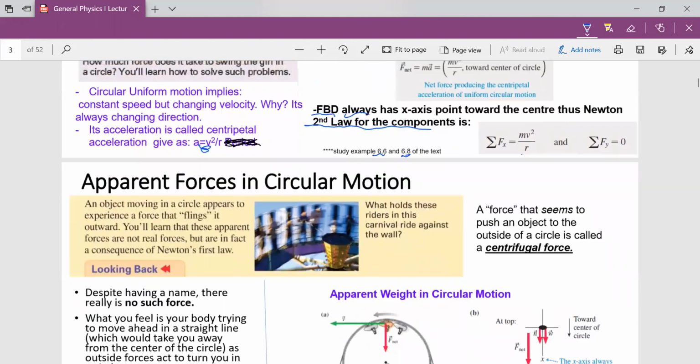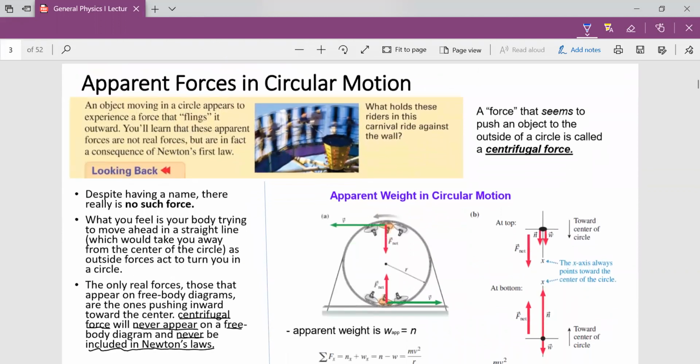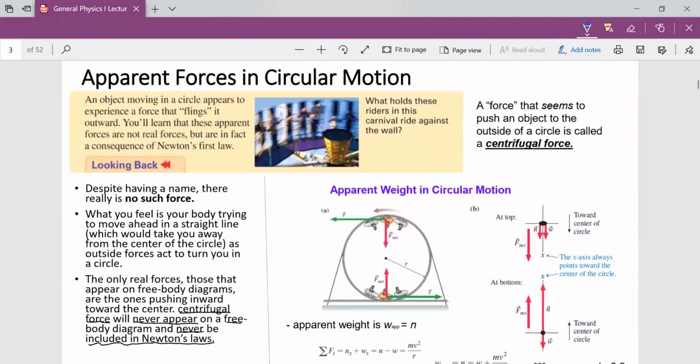Okay, all right, so let's look at another one, which is apparent force in circular motion. Now, we have seen this word apparent before in our previous class, when we discussed apparent weight.